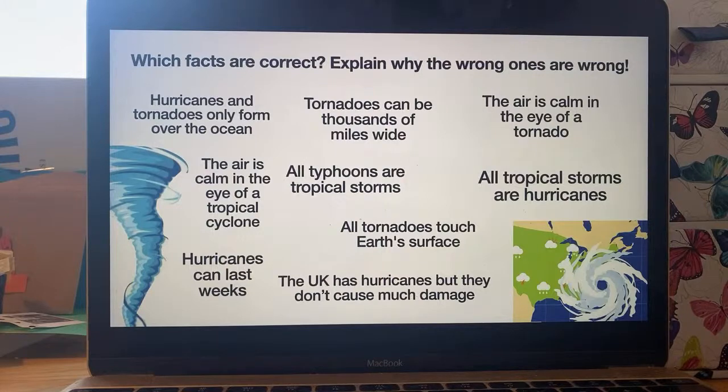The most important thing really is for you to explain why the things that are not true are wrong. I guess you kind of got some clues here, because that's a little picture of a tornado, and that's a picture of a hurricane.